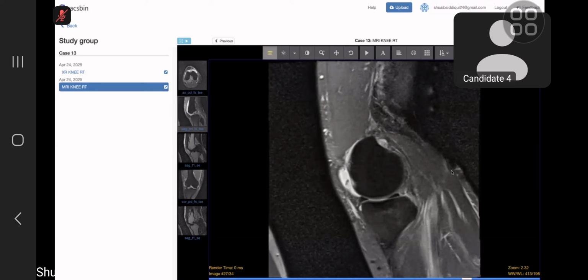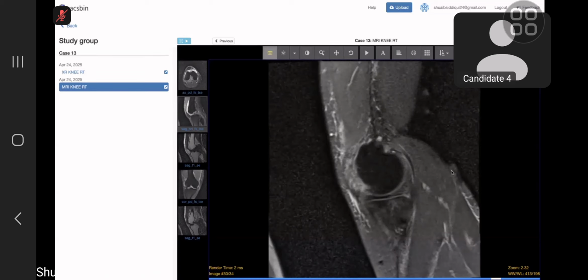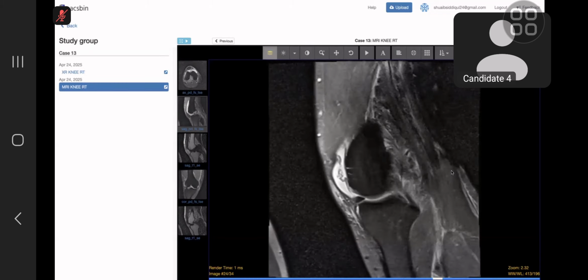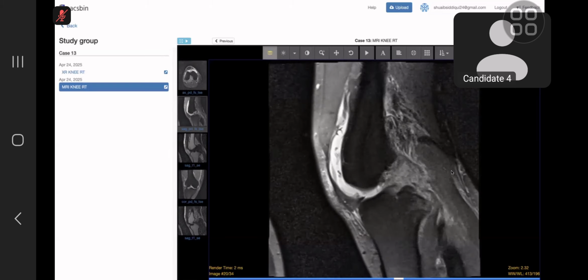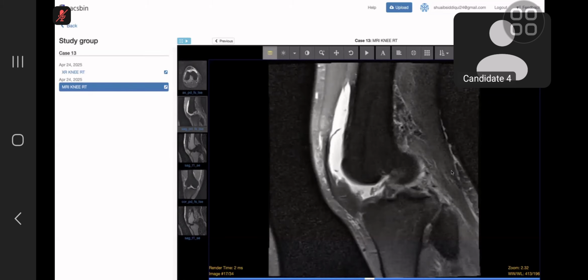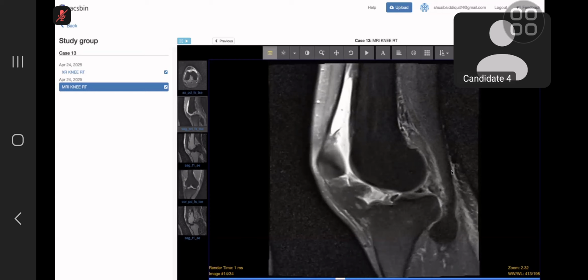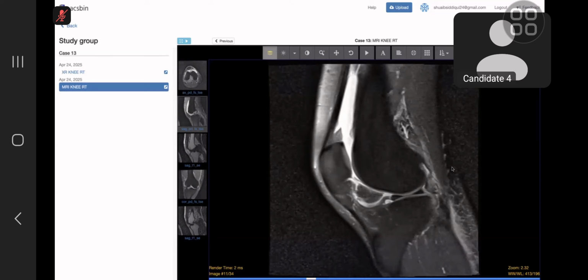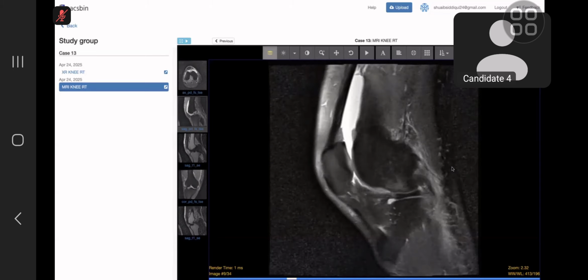There is a tear of the medial meniscus, posterior horn of the medial meniscus. Some vertical tear is seen. So there is anterior cruciate ligament injury, posterior horn of medial meniscal tear, and the Segond fracture.